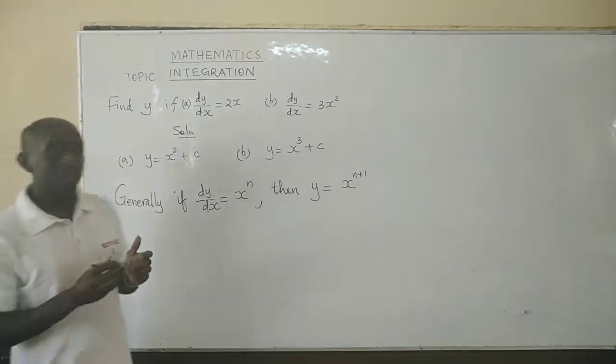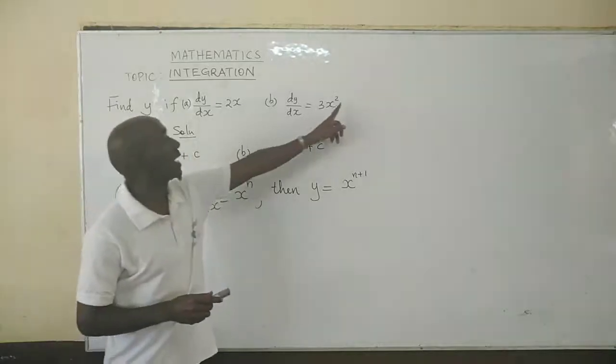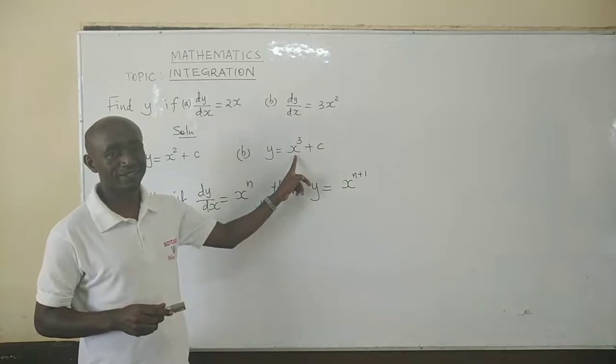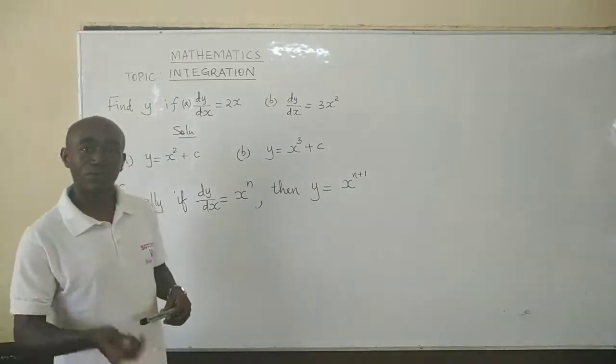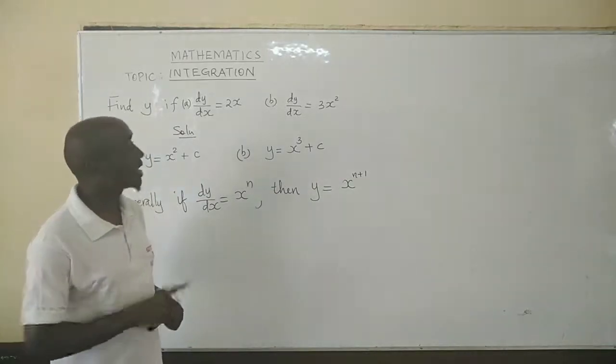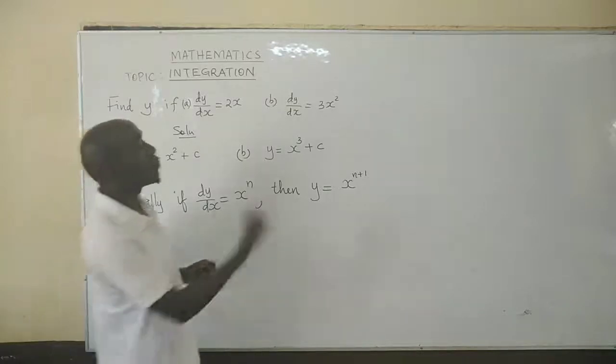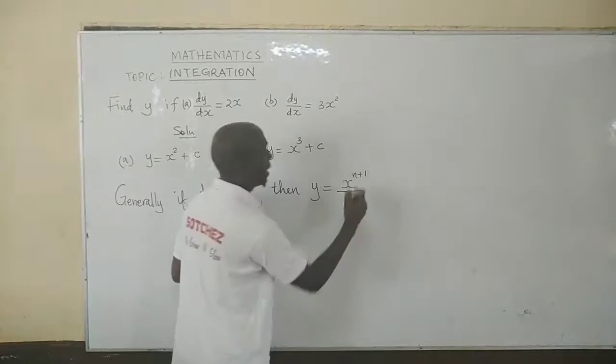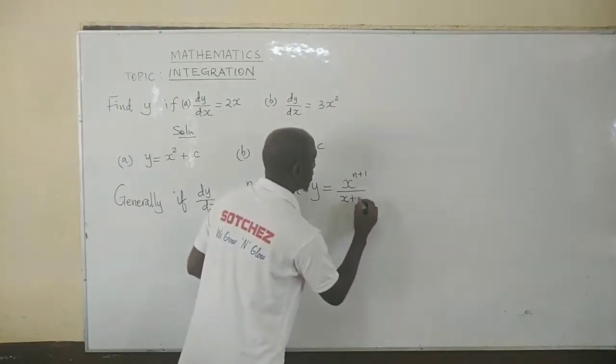Then, for differentiation, we multiply by the power. Here, we do the opposite again. Instead of multiplying, we divide. So we divide the whole of this by that power, that is n plus 1.